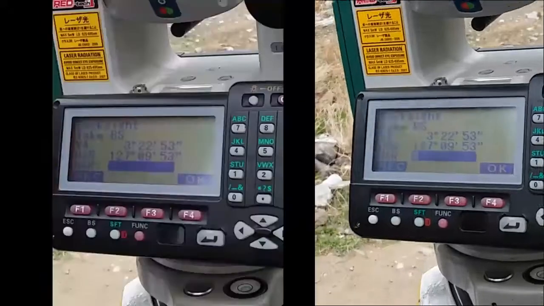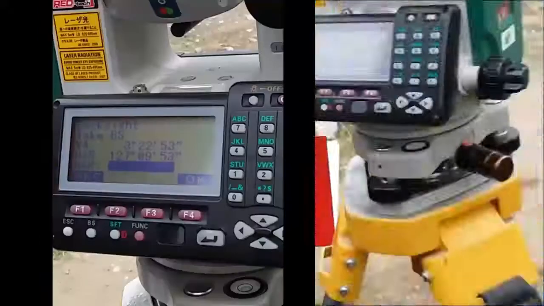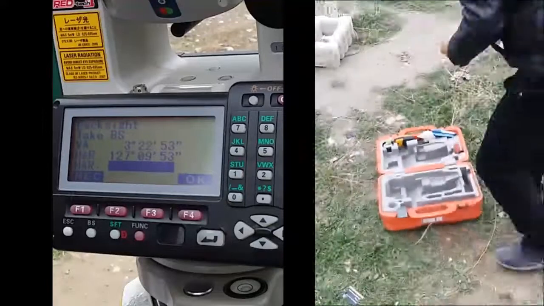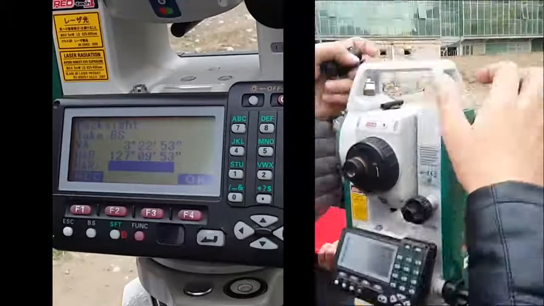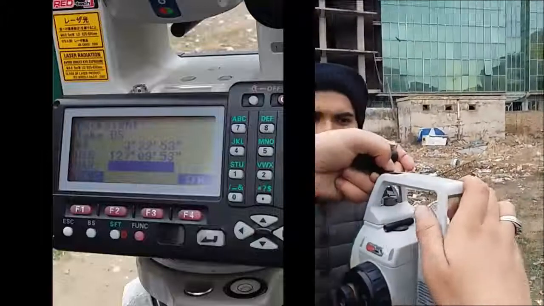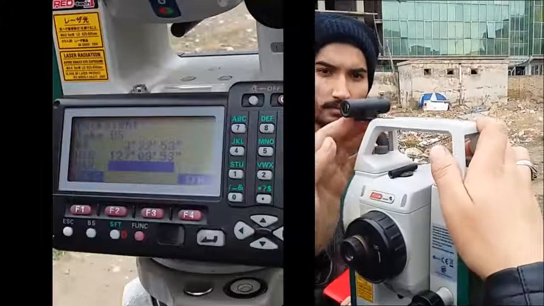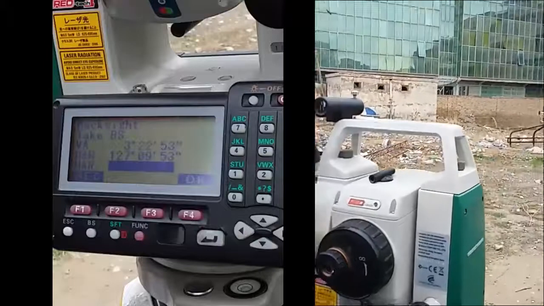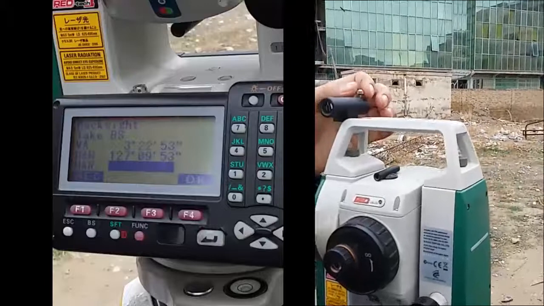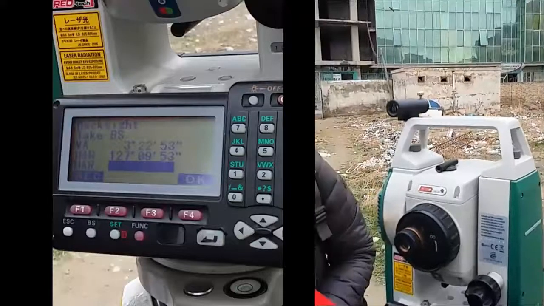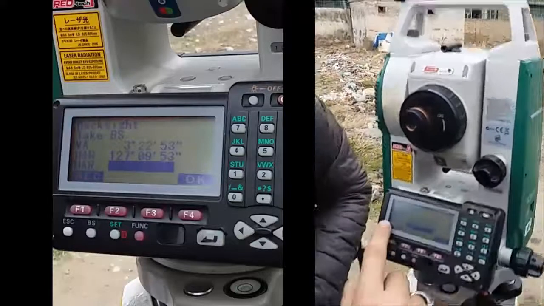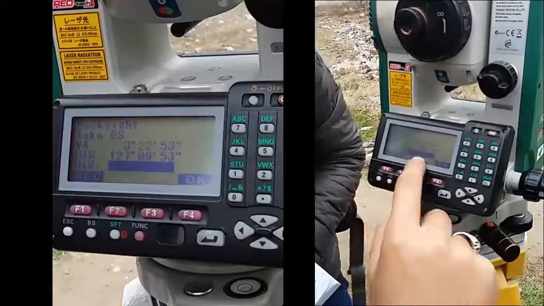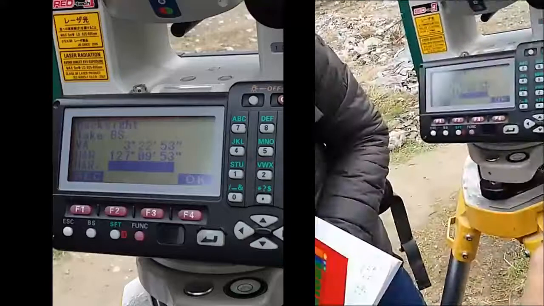Enter angle. Here we need a known angle. We don't have any known angle with us, so we are using a compass. Fixing the compass above the total station, rotating our total station to fix the angle of north with 0, because here we are finding the azimuth angle.